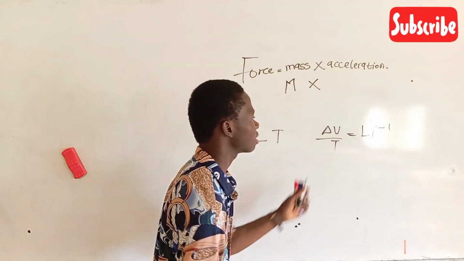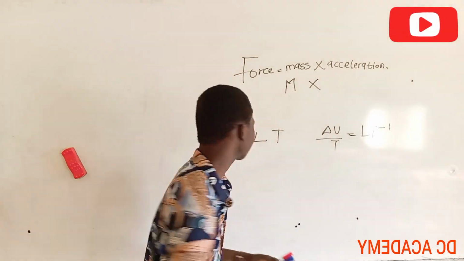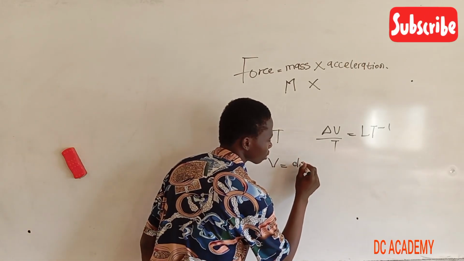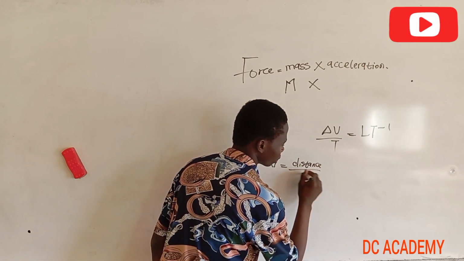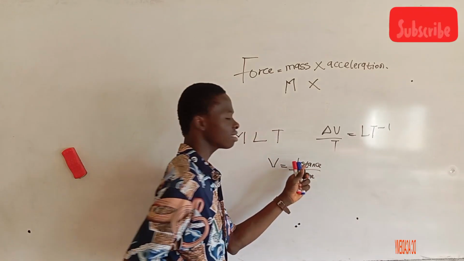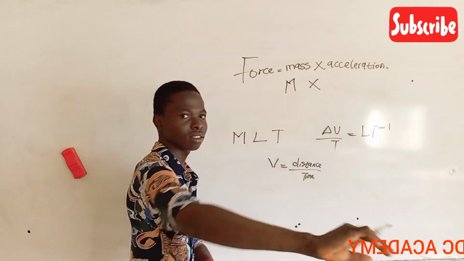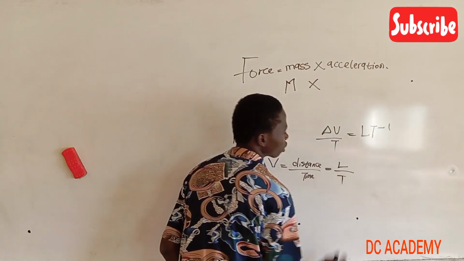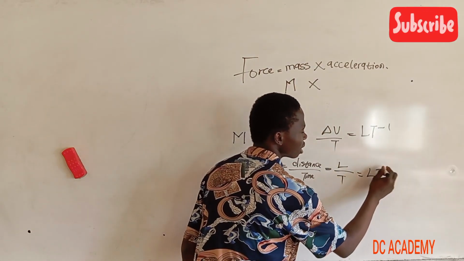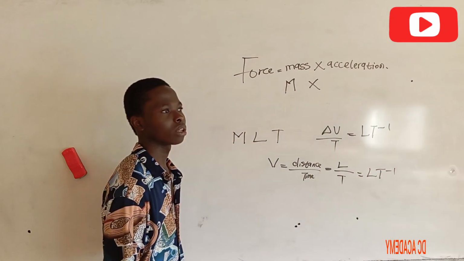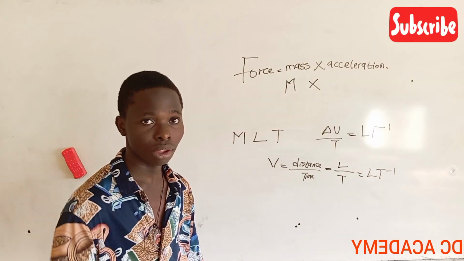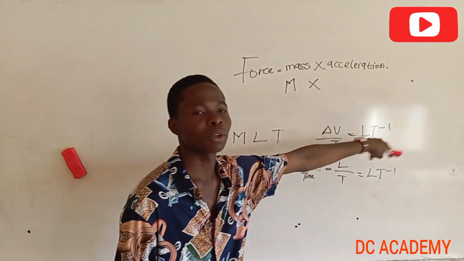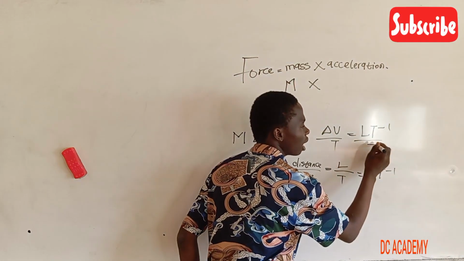How? Velocity is distance over time, and distance is length, and this is time. So when you write it, it's LT to the power minus 1. Do you understand it? Are you getting it? So that's how we get the velocity. The change in velocity is still LT minus 1, over time.